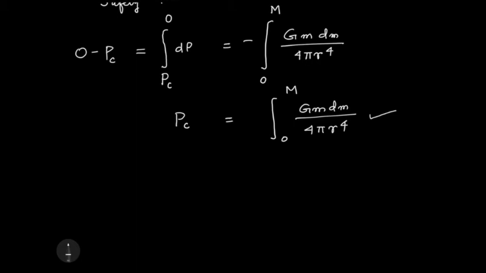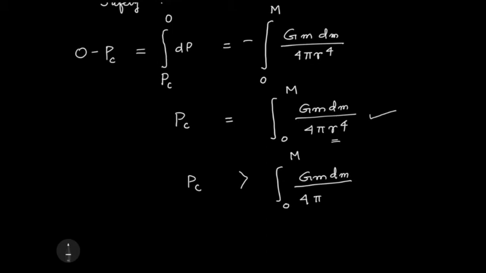But say I don't know that, I can argue that this should be greater than, if I integrate from 0 to M of GM dM by 4 pi, if I put anything which is greater than the smaller radius over here, that will only give me a lower limit of PC, right? Because it's in the denominator.